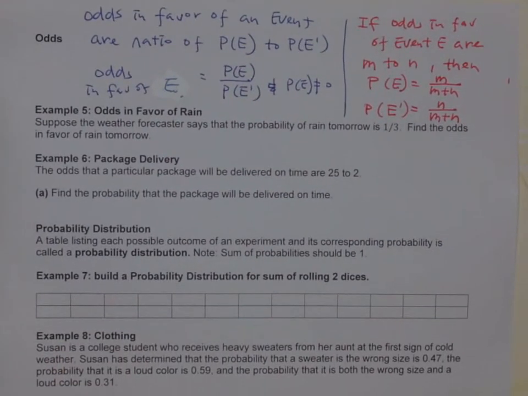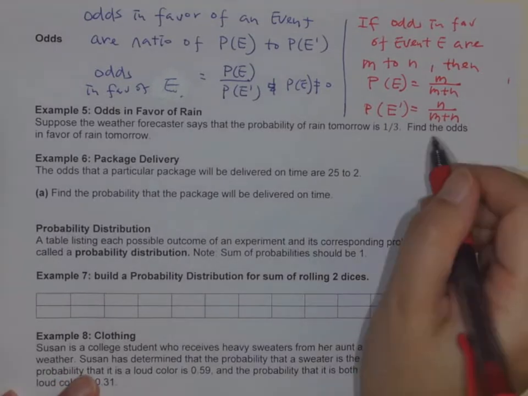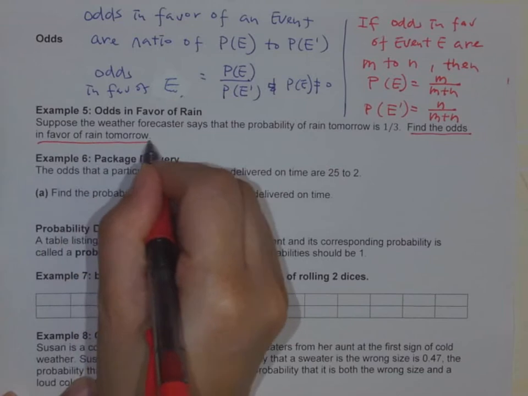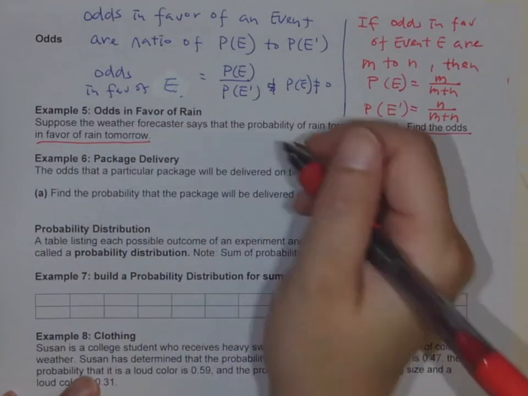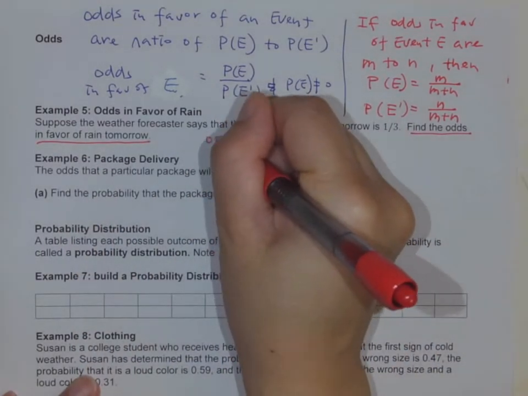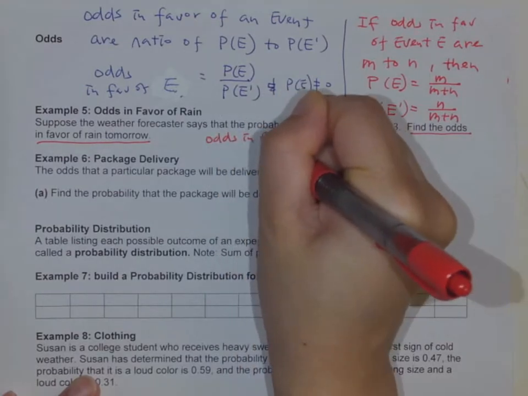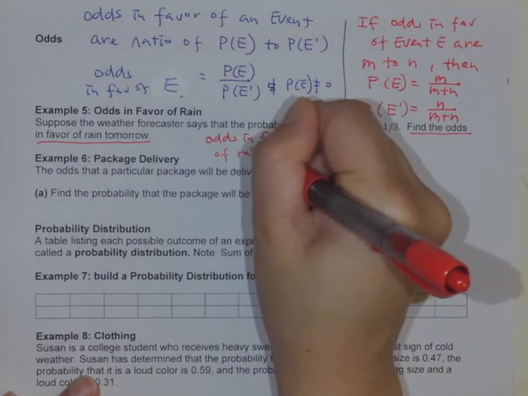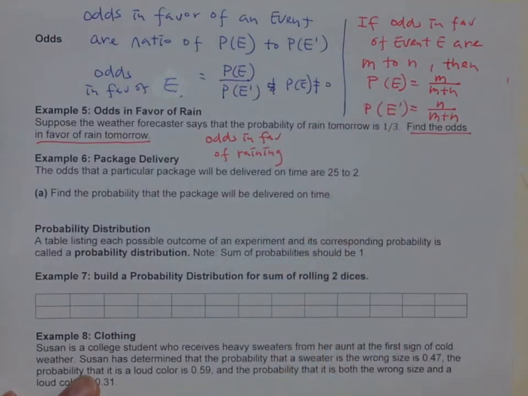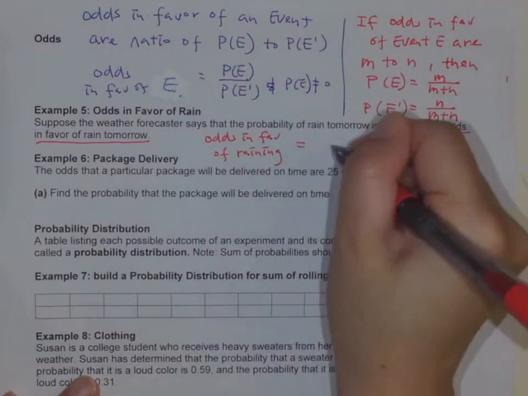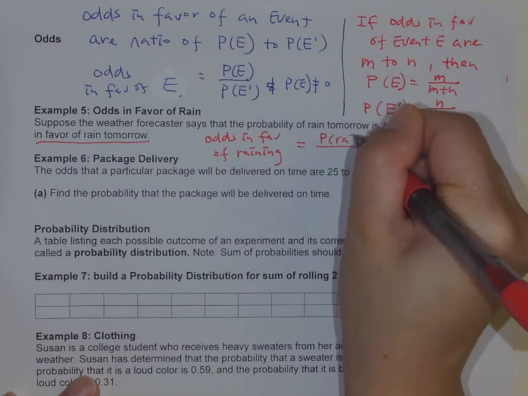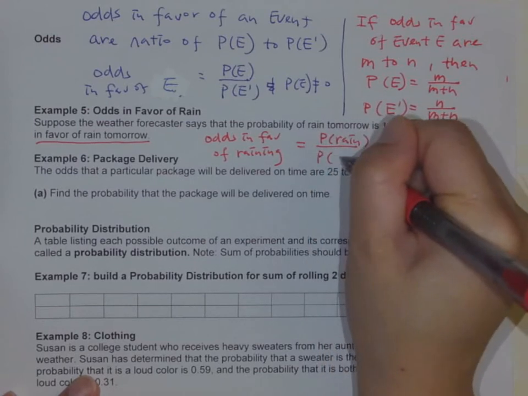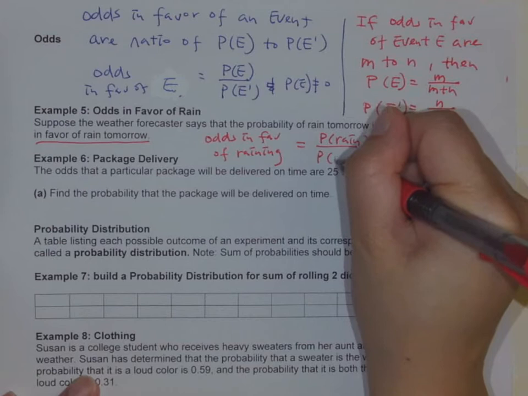So example 5 says, suppose the weather forecast says that the probability of raining tomorrow is 1/3. Find the odds in favor of raining tomorrow. So we want the odds in favor of raining, right? So it's going to be probability of it's going to rain over probability of it's not going to rain, right?